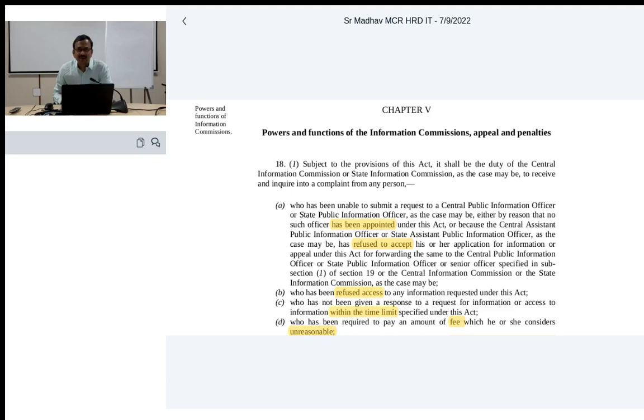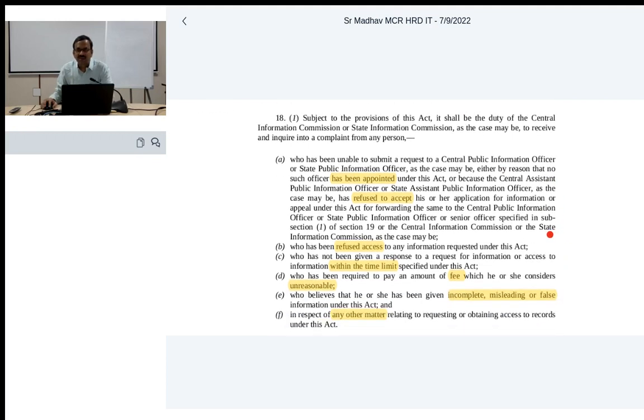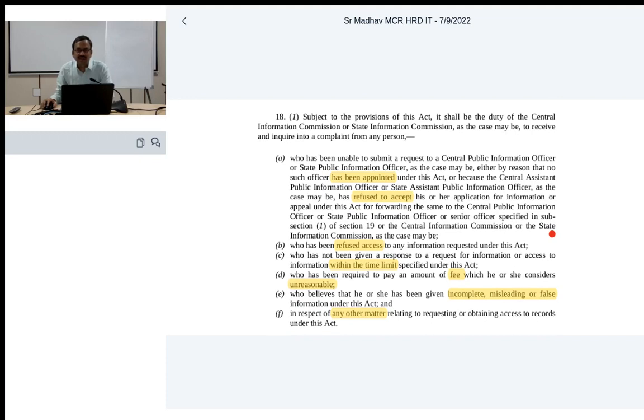Even if the APAO is there, when the APAO refuses to accept an application which needs to be forwarded to the PIO, a complaint can be filed in such a case also. And clause B says if access is refused by the public information officer, then a complaint under section 18.1 can be preferred before the Information Commission.